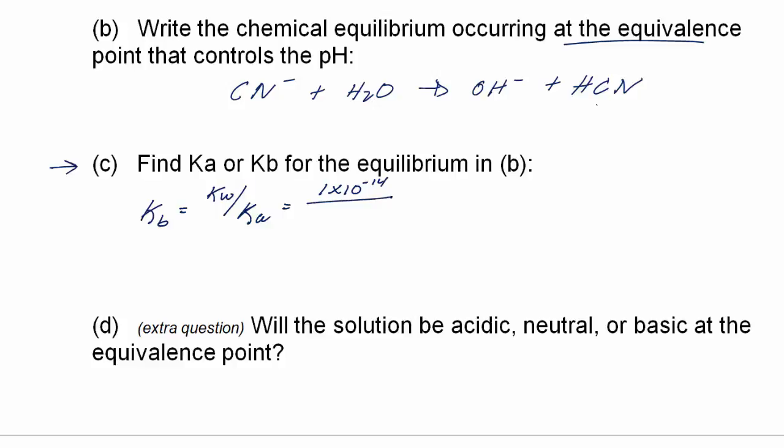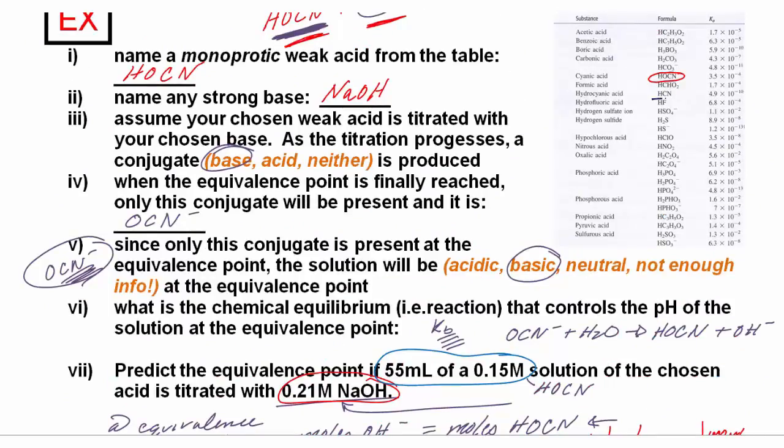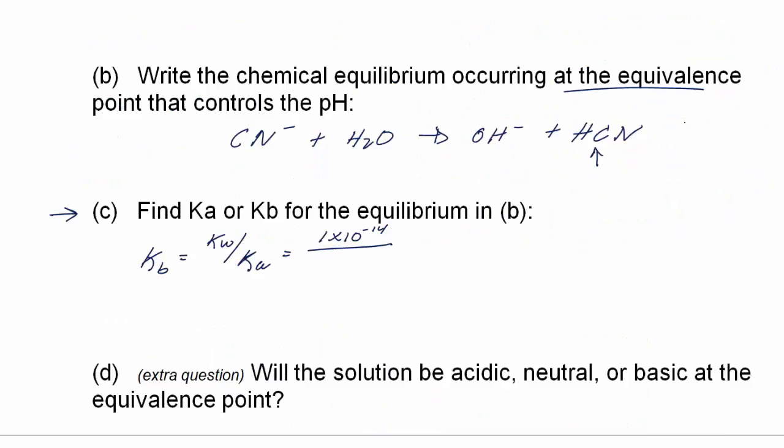And we have to look up the Ka for our conjugate acid, hydrocyanic acid, 4.9 times 10 to the negative 10. 1 times 10 to the negative 14 divided by 4.9 times 10 to the negative 10, about 2 times 10 to the negative 5, 2.04 times 10 to the negative 5.